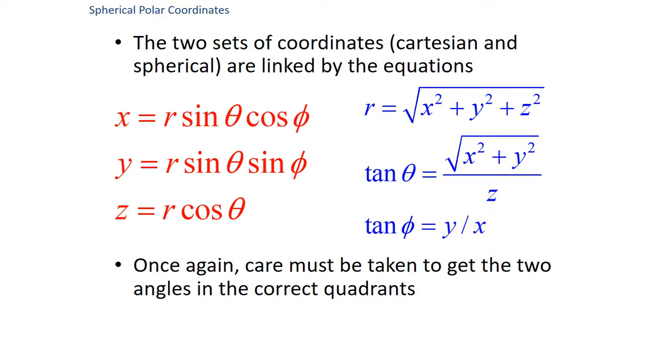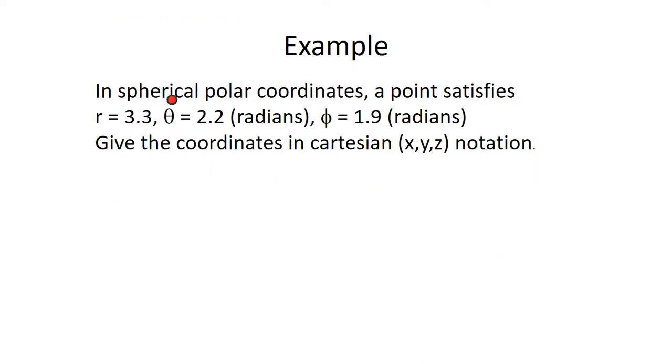It's the same situation with the previous types of coordinate system. So let's see a couple of examples. Let's imagine we're given r, theta, and phi. We want to find the location of this point in x, y, z notation. That is, in rectangular Cartesian coordinates.